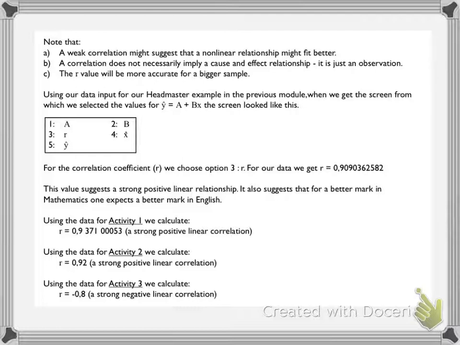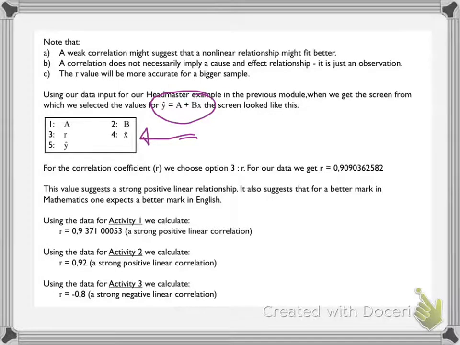Well, the most important question is, how are we going to find R? If you think back to the previous video, we found the regression line, y hat equals a plus bx. You follow exactly the same steps until you get to your screen that looks like that.